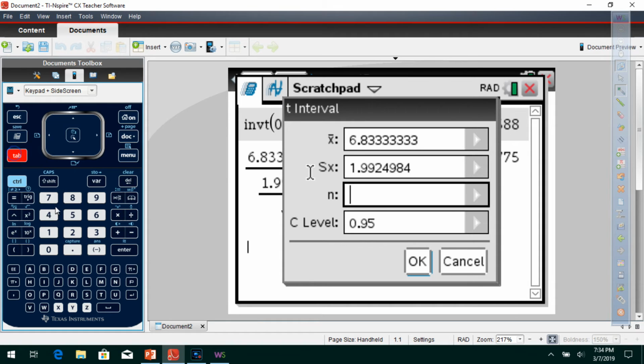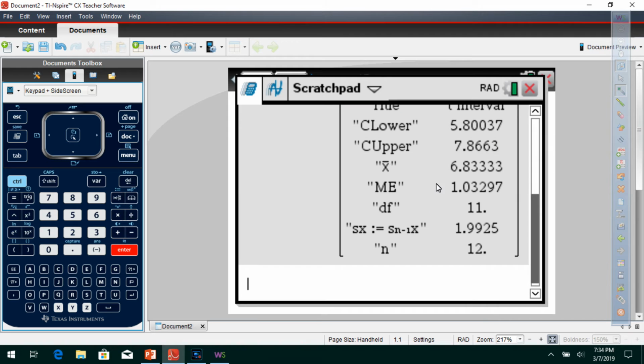N is 12, and our confidence level is 90. And there we go, 5.8 to 7.86.